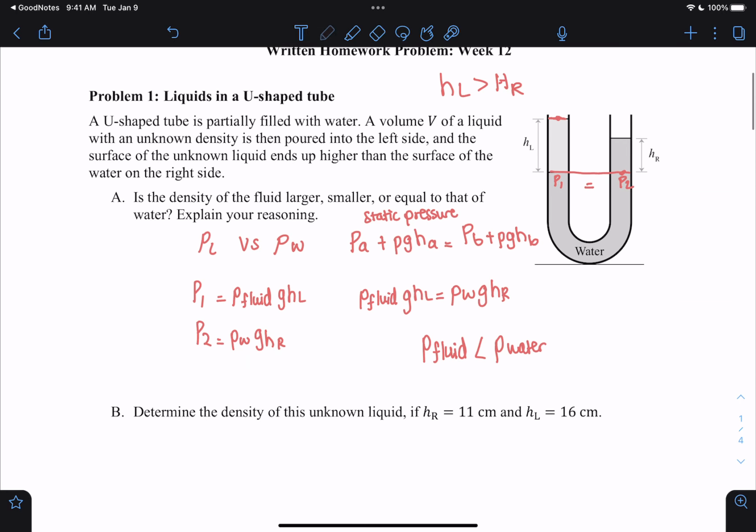Does that make sense as to why the density of the water is greater there? I see one thumbs up. Did that make sense as well, Kimberly?